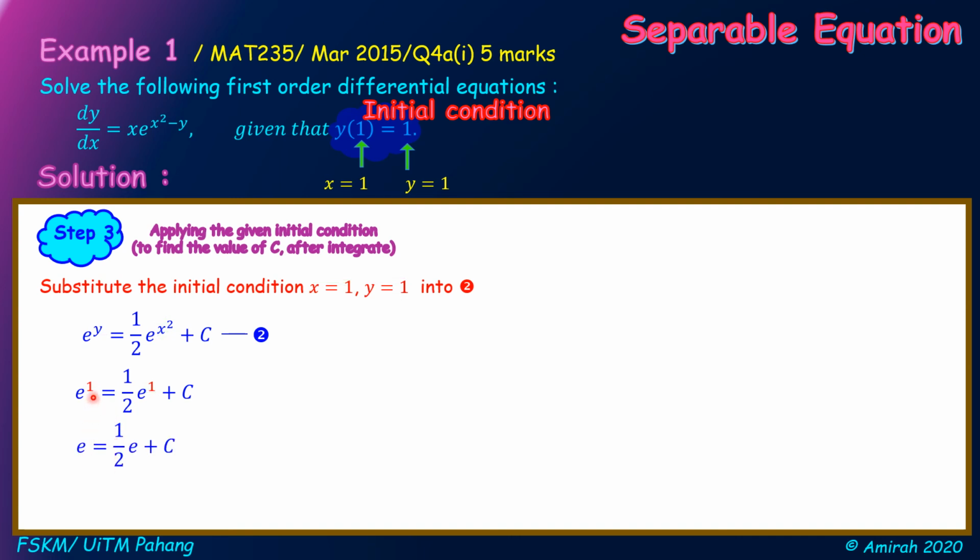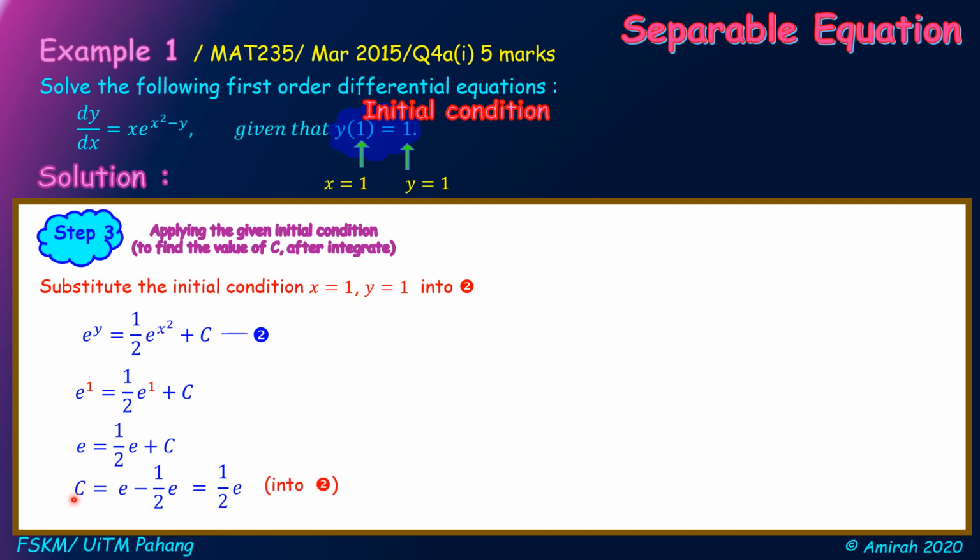And after that, we have e equals half e plus c. So c equals, we move half e to the left hand side, so we have e minus half e, and it equals half e. So half e is the value of c.